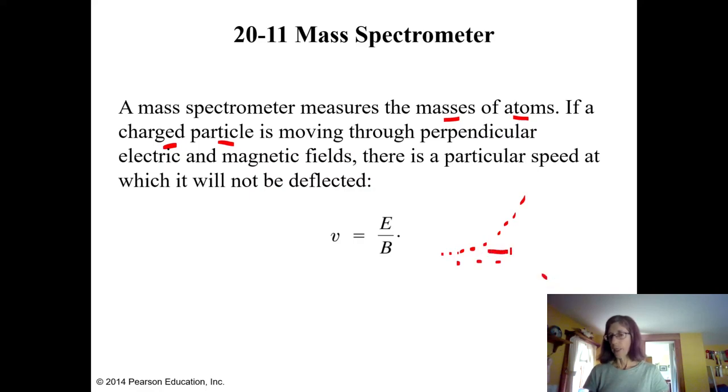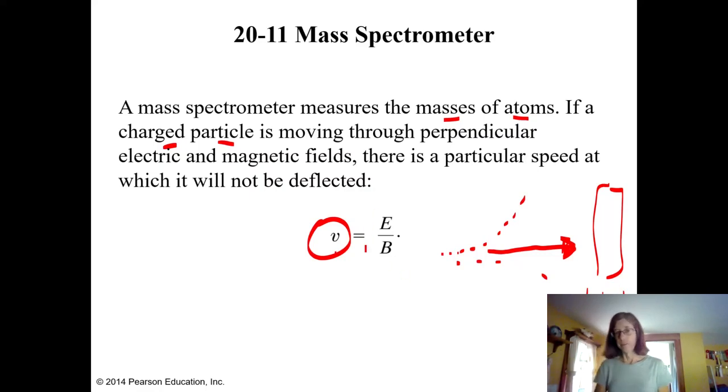But if you're moving at a certain speed, that velocity is going to allow this particle to be carried through a mass spectrometer without being deflected, and then it's going to be detected here by whatever your detector is. And that speed is proportional to the electric field, remember E that we saw previously, and the magnetic field.